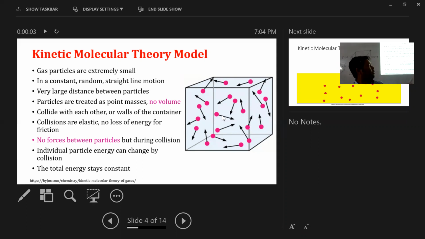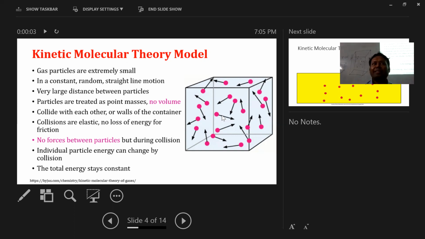Let us consider we have carbon dioxide molecules everywhere, or all of them are water vapor. So all of them are similar. There is no way we can consider them positively or negatively charged. Still, there is some attraction force.